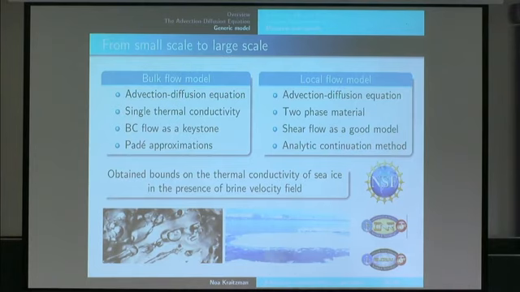The other model, where we emphasize the microstructure of the sea ice, it was enough for us to use the shear flow, and we used the analytic continuation method to obtain bounds. In both cases, we were able to obtain bounds on the thermal conductivity using these methods. And it's just the beginning, but it does lead us one step closer to understanding how we can use information from the small scale to better understand the behavior of the large scale system.